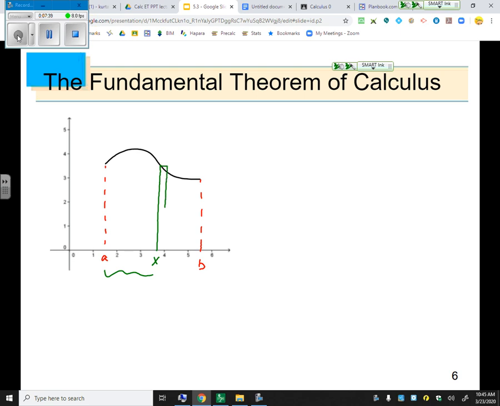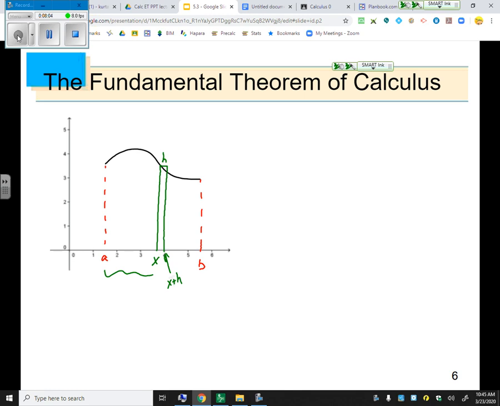And so I'm going to draw myself a really skinny rectangle that is h units wide. Ideally, I'll have infinitely many rectangles underneath the curve where h gets smaller and smaller and smaller and approaches 0. That makes it so the right side of this approximating rectangle is x plus h.